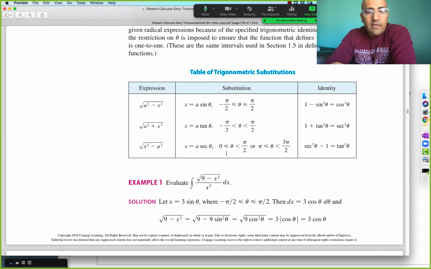Once we make that substitution, they're hinting that these identities are going to become useful. Given the problem we're working with, this one is the one that would best fit. In fact, example number 1 is pretty similar to what we're working with.